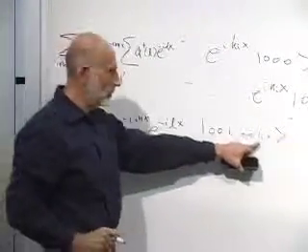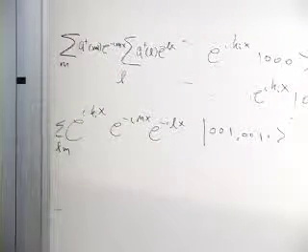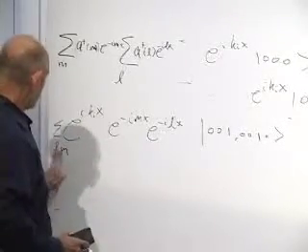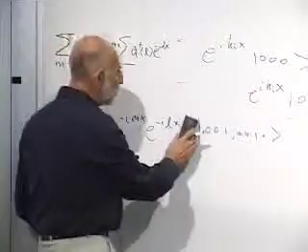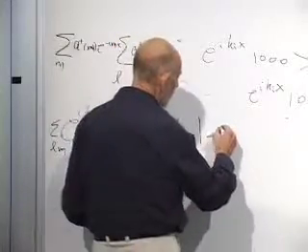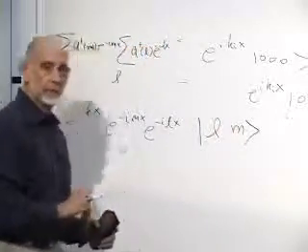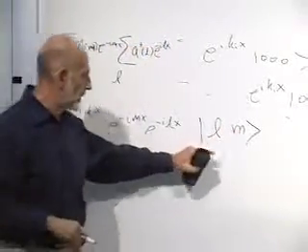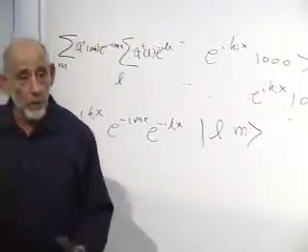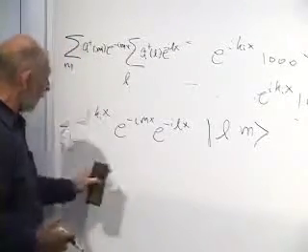Which two sites are occupied? L and M. So what it's given me is a sum over L and M. And now let's just call this a two-particle state with a particle of momentum L and a particle of momentum M. I've used a different notation now. I'm labeling this as two particles, one with momentum L and one with momentum M. And it's a sum over such states.